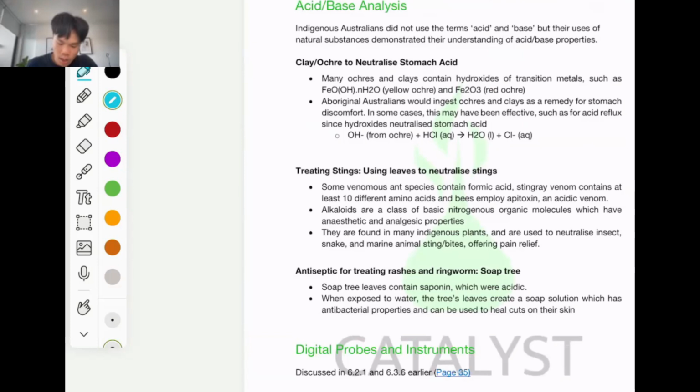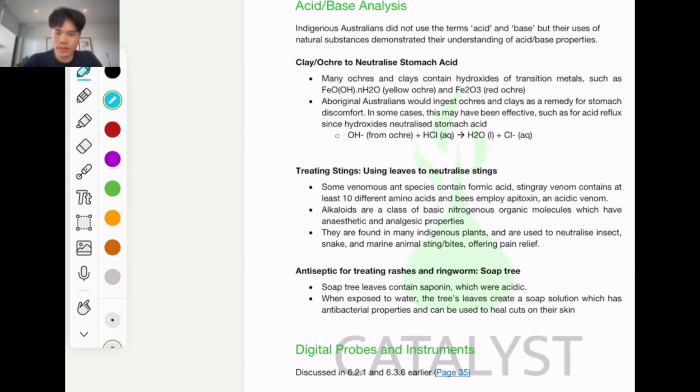And you need to have an Aboriginal and Torres Strait Islander people's acid-base analysis example. But I think this is a very, very far-fetched dot point, because even in the textbooks, they give you applications. It's not really analysis. So I would slot this together with the applications you talked about earlier.